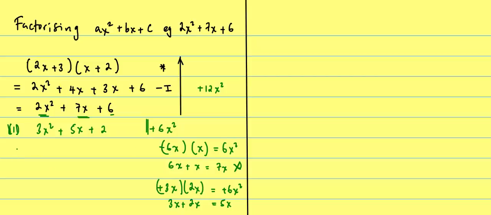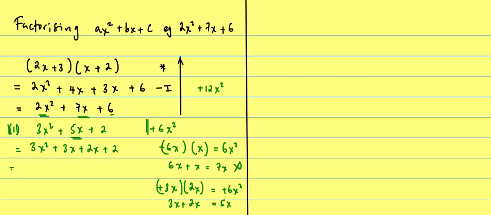So I'll go ahead and recreate that second step in the expansion. So it'll be 3x squared plus 3x plus 2x plus 2. Now you notice what I've done here. 5x has been split into 3x plus 2x.